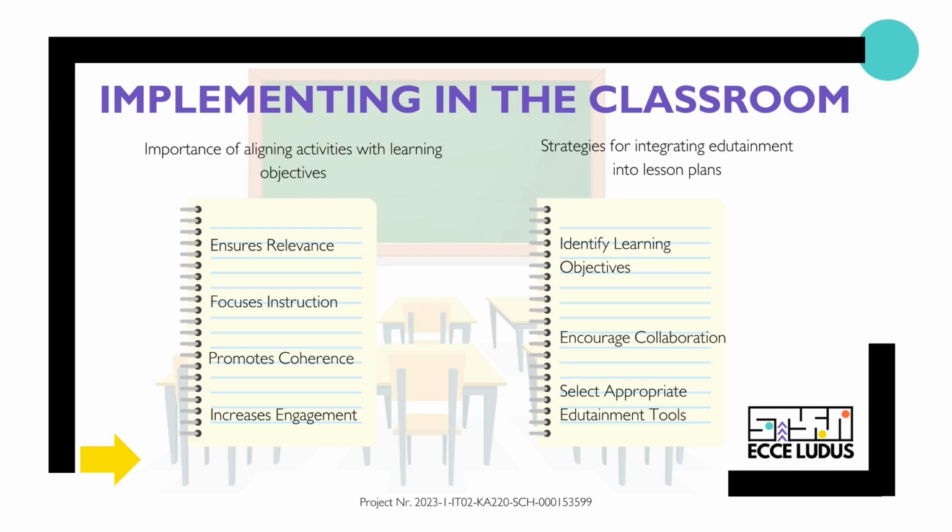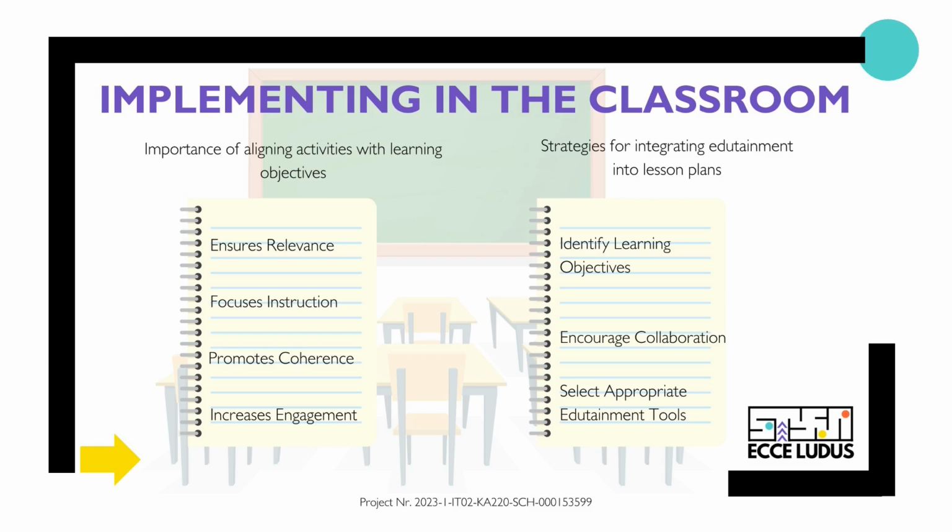How can we integrate edutainment into lesson plans? Begin by identifying the learning objectives or educational goals you want to achieve with the lesson. Determine what knowledge, skills, or concepts you want students to learn or demonstrate by the end of the lesson. Foster collaboration and teamwork by incorporating group-based edutainment activities where students work together to solve problems, complete challenges, or achieve common goals.